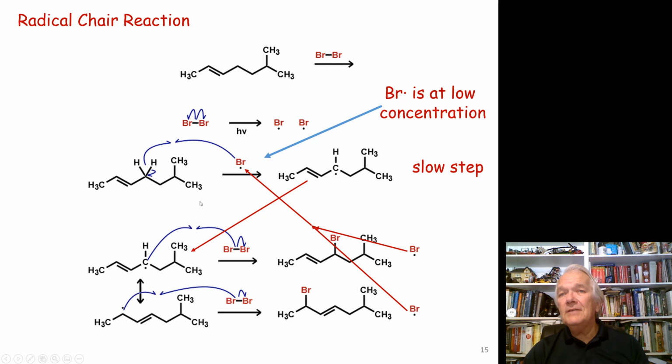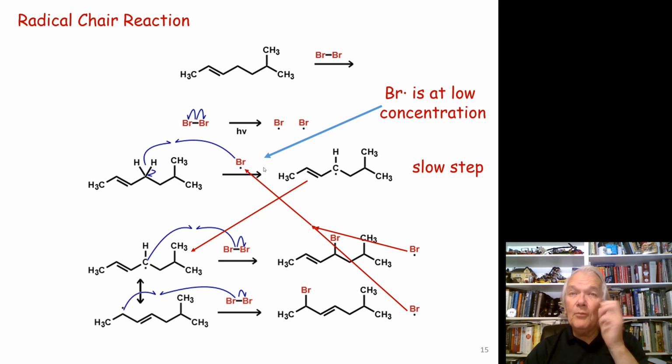And in that case, what you have is one species in low concentration. Okay, so the way to favor this reaction is to make the bromine concentration very low, because in the radical reaction, you only have to worry about one species being low. In the conventional reaction, which doesn't involve radicals, you have to worry about two species being low.